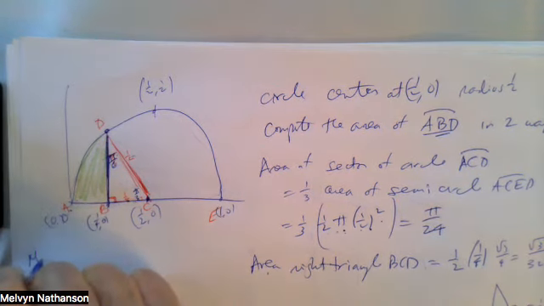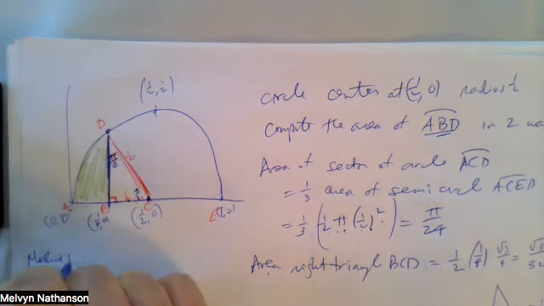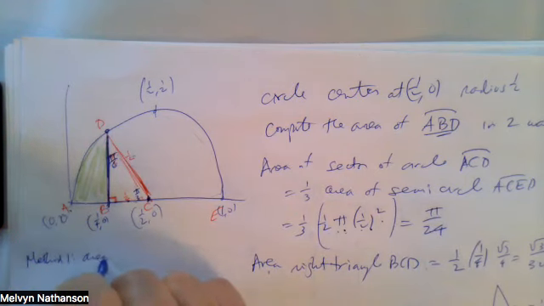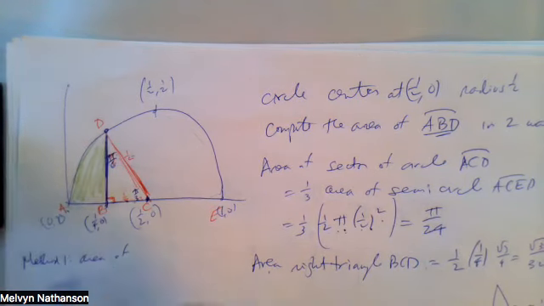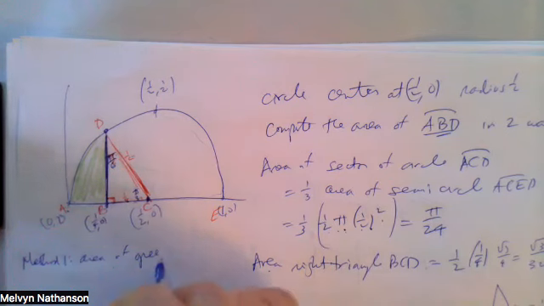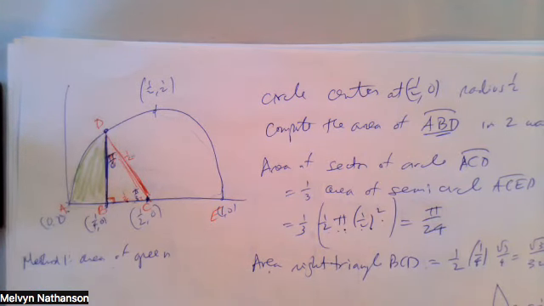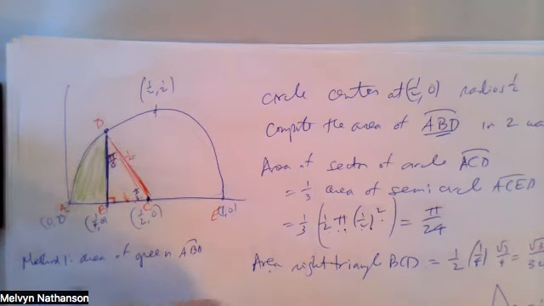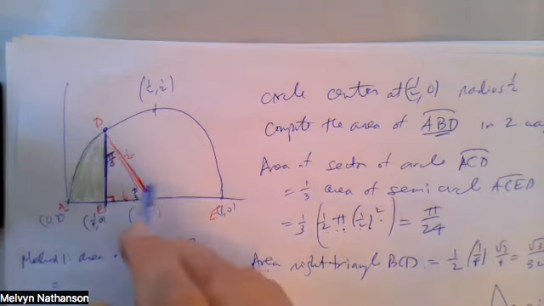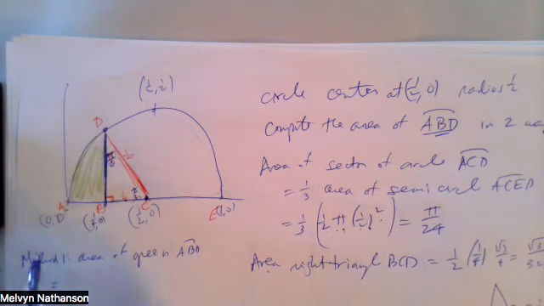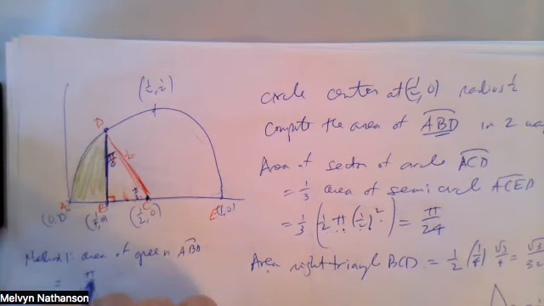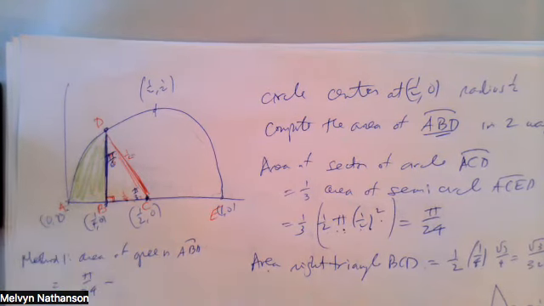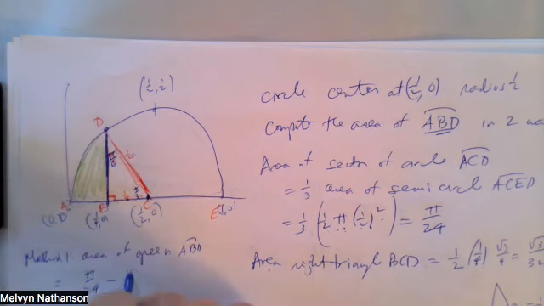So method 1, the area of the green region ABD is equal to the area of the sector minus the area of the triangle, root 3 over 32.